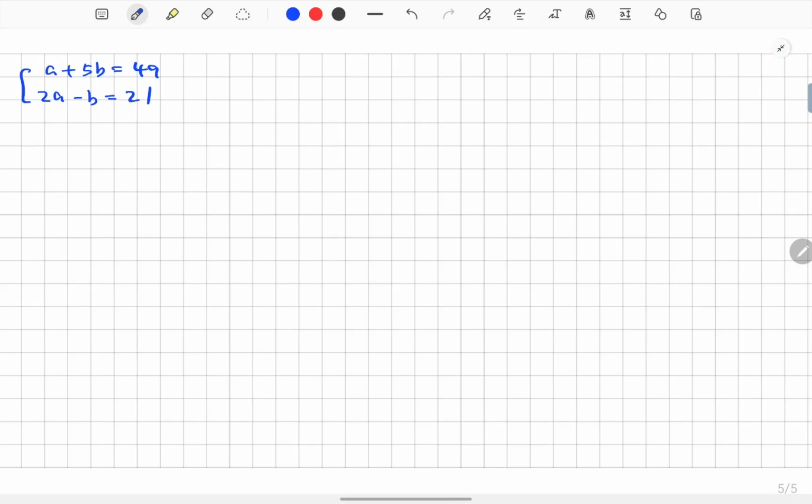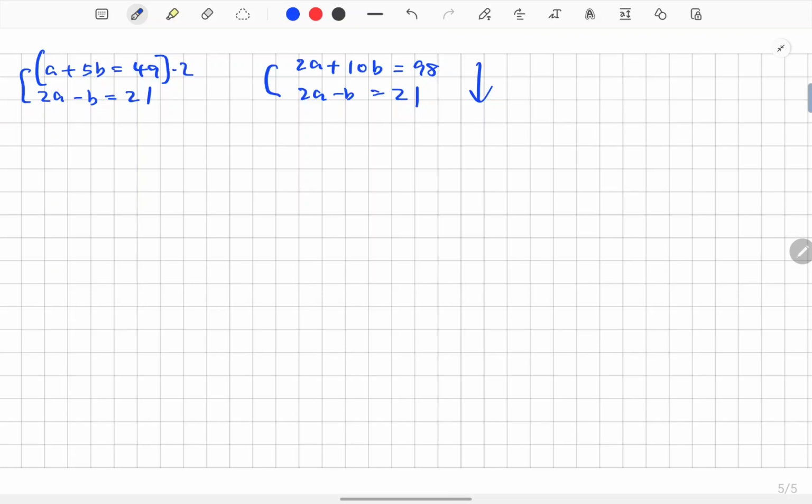Right now we have a pair of simultaneous equations, or a system of equations. My approach will be making the a on top 2a by multiplying the entire equation by 2, so we can eliminate 2a. This will give us 2a plus 10b is 98, and 2a minus b is 21, the same.